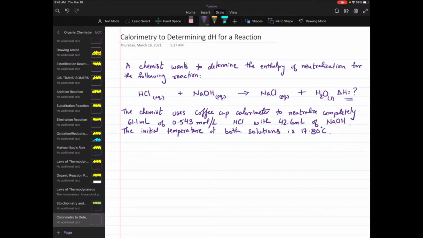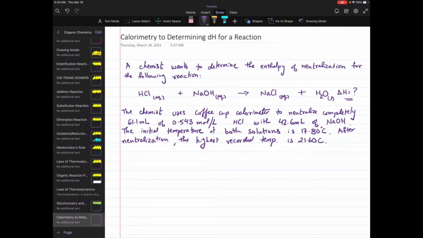And then it says after neutralization, so after the reaction has taken place, the highest recorded temperature is 21.60 degrees Celsius.